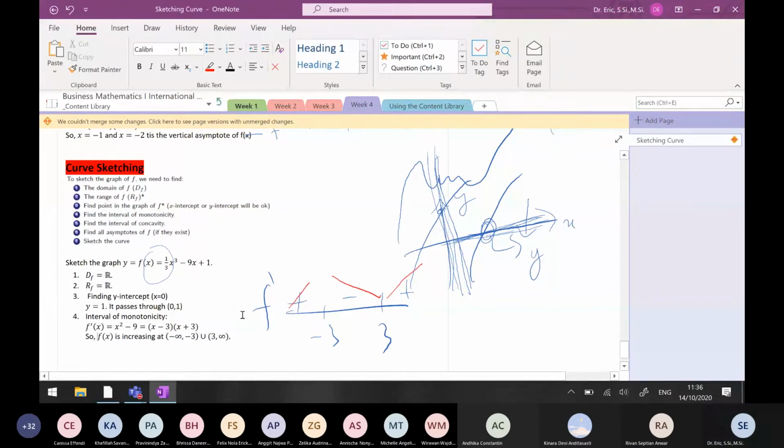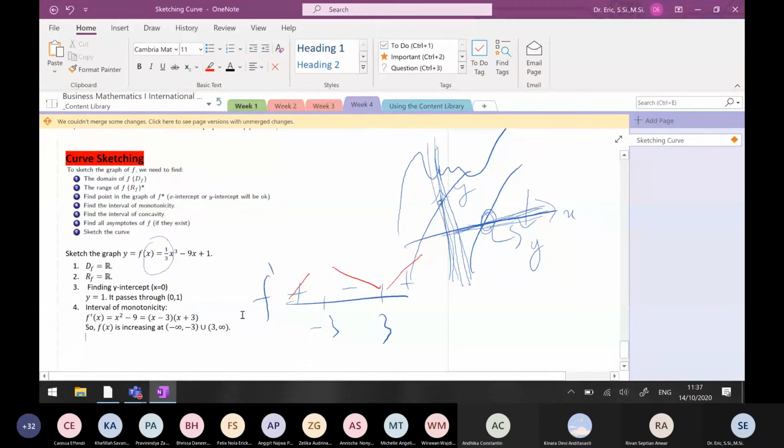And f(x) is decreasing at the interval minus 3 until 3. And you know it will have a relative maximum here and a relative minimum here.